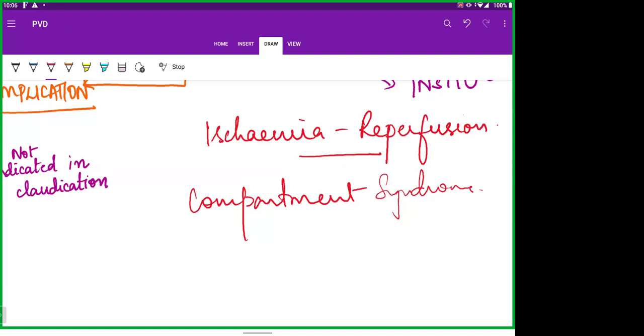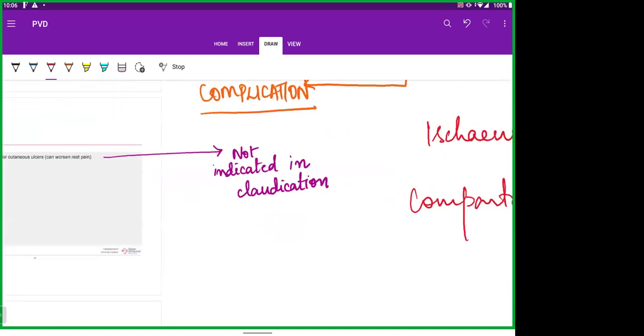Carry on, Nithya. See, I think this is how you have to talk. The students should go away with the impression that this reperfusion injury is much more common in acute ischemia than chronic ischemia. And what are the components of reperfusion injury? One is compartment syndrome, of course, no doubt about that.